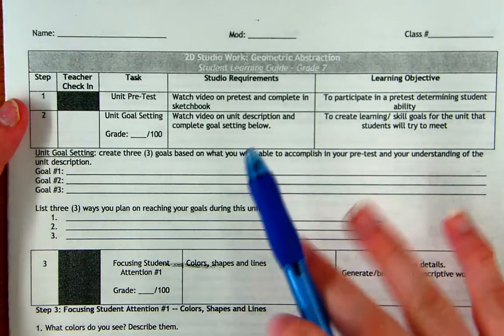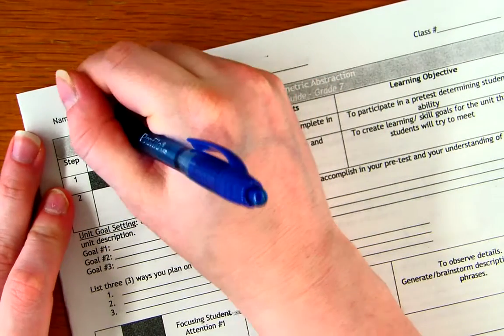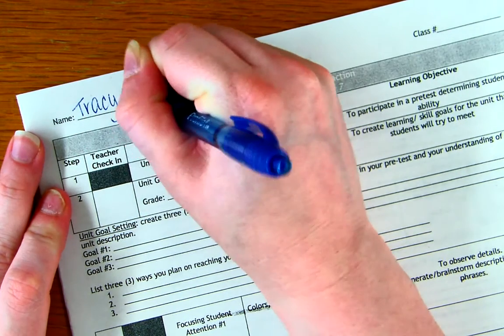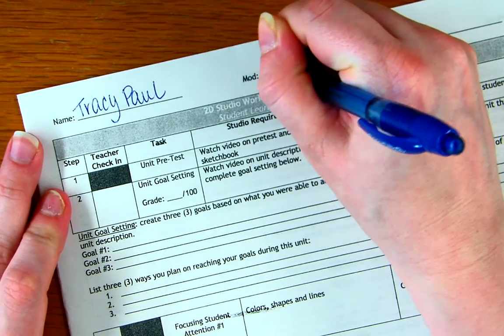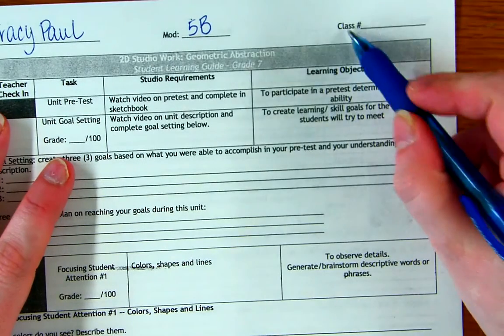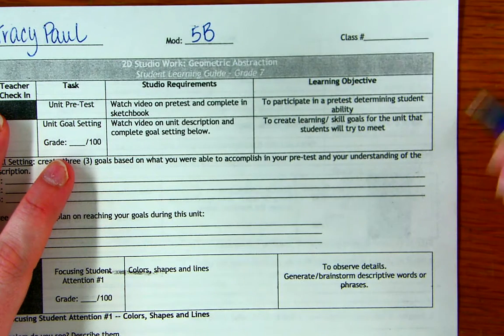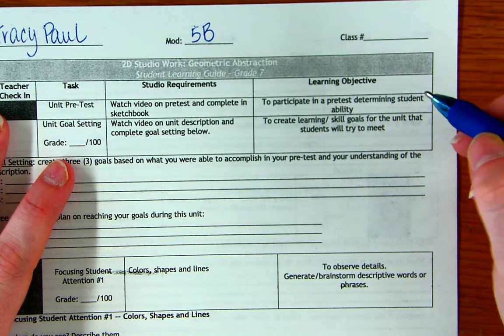Your name is already going to be written there, your mod is going to be, say, 5B, whatever it is. Your class number is pretty much the number in which you fall alphabetically. Not your ranking, not anything, it's where you are in the class alphabetically by last name.